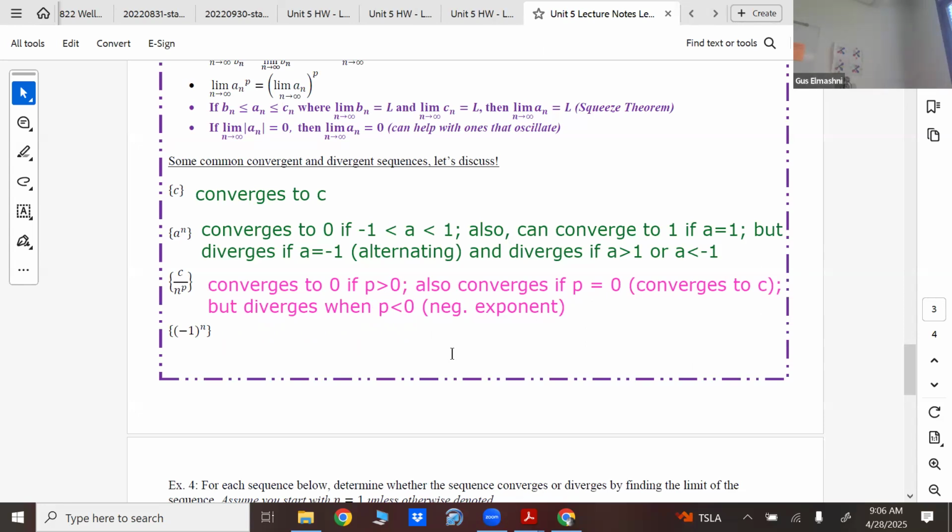If n is a bunch of positive integers, like 1, 2, 3, 4, and the exponent is larger than 0, let's say 2, then a million to the second power is a big number, but you're putting 1 over that big number, which makes it small. Or even if it's a fraction, like a fourth root or fifth root, it doesn't matter. It still increases without bound on the bottom, but overall the fraction is getting smaller, closer to 0.